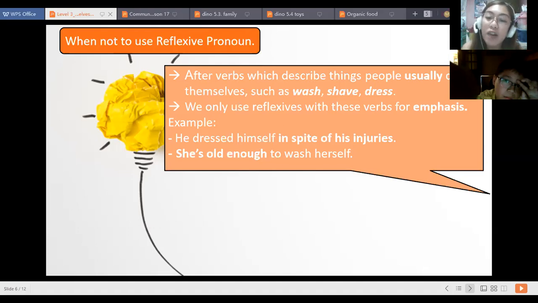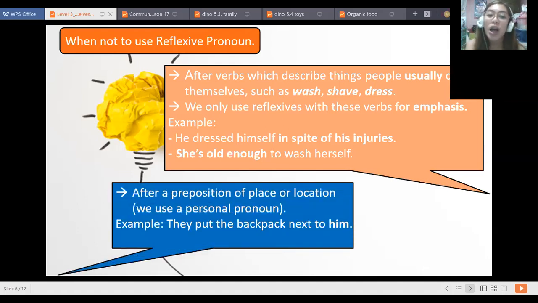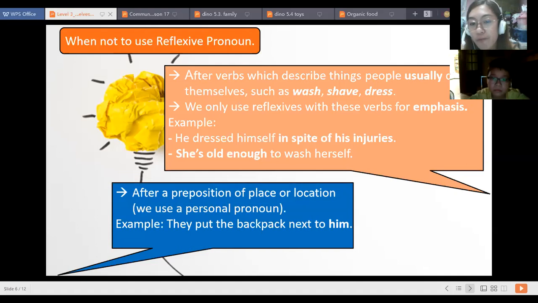She's old enough to wash herself. After a preposition of place or location, we use a personal pronoun. For example, they put the backpack next to him.